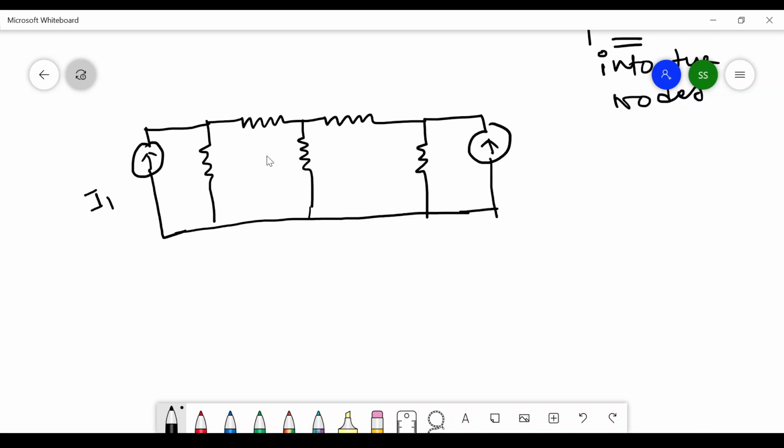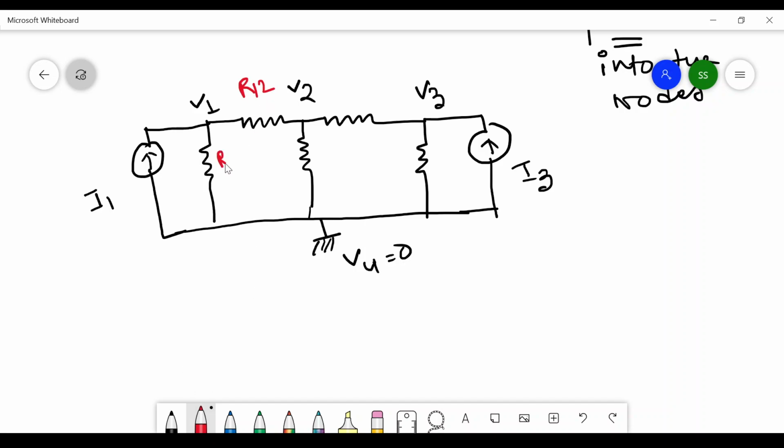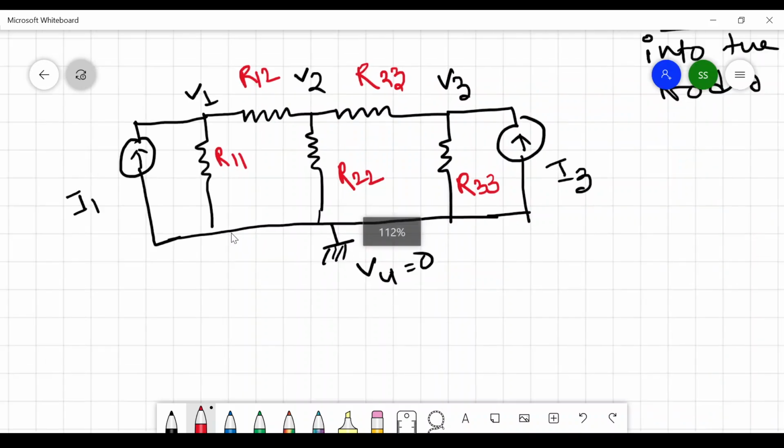Here it is I1, here it is I3, here voltage V1, here voltage V2, here voltage V3, this one is grounded, which is VG4, which is 0. And if I draw all the resistances, this is R12, this is R11, R22, R33, R23.